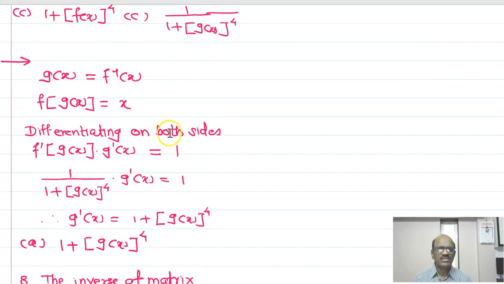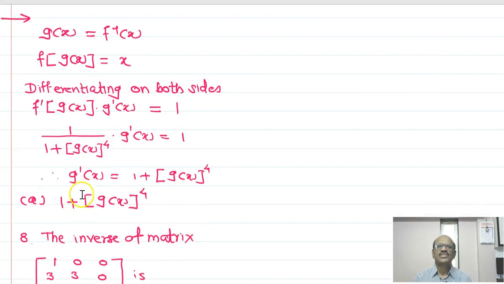Now differentiating on both sides, this is a composite function, the derivative of f of g of x is f dash of g of x into the derivative of g of x, and the derivative of x is 1. Then what you are getting is f dash of g of x, that is equal to 1 upon 1 plus g of x bracket raised to 4, it is given, dot g dash of x is equal to 1, and hence the value of g dash of x is equal to 1 plus g of x bracket raised to 4, and hence option A, that is 1 plus g of x bracket raised to 4.